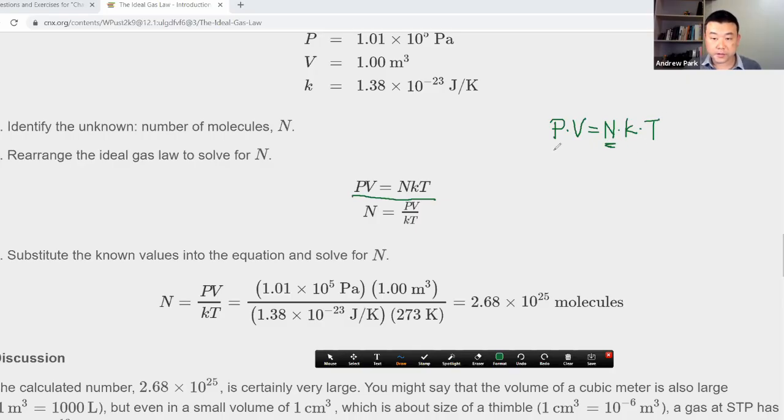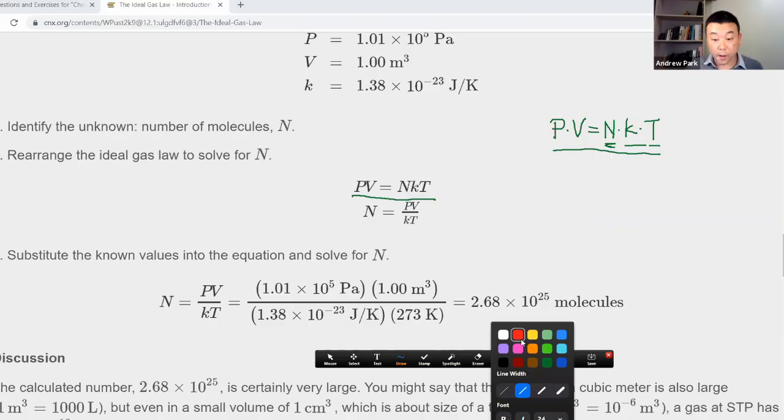So I look at this equation and I see that in order to get N by itself, I need to get rid of k and T from the right-hand side. And the thing to do is to multiply both sides by an expression that will help me get rid of k and T. This is where I hope you remember from your algebra class that if you are doing the exact same thing to both sides of an equation, then you are not changing anything.